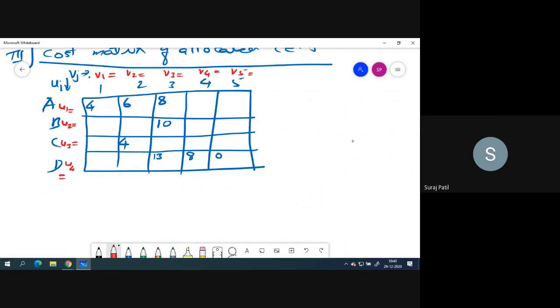So what is the relation? That is, cost Cij is equal to Ui plus Vj. To start with, we always need to assume one of the values. So I'll assume V1 as 0.